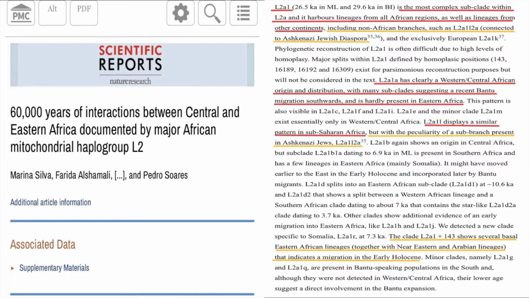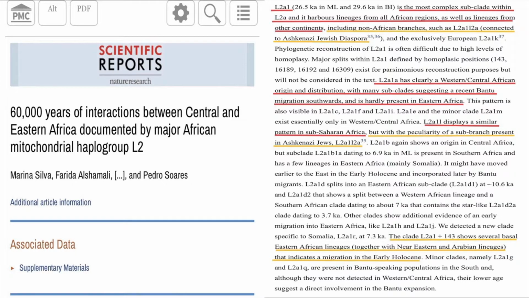This paper, 60,000 years of interaction between Central and East Africa, documented by major African mitochondrial haplogroup L2. L2a1 is the most complex subclade within L2a, and it harbors lineages from all African regions as well as lineages from other continents, including non-African branches such as L2a1 connected to the Ashkenazi Jewish diaspora.